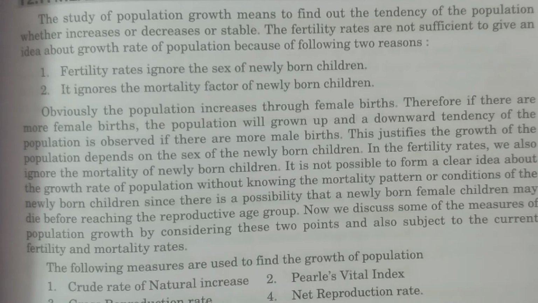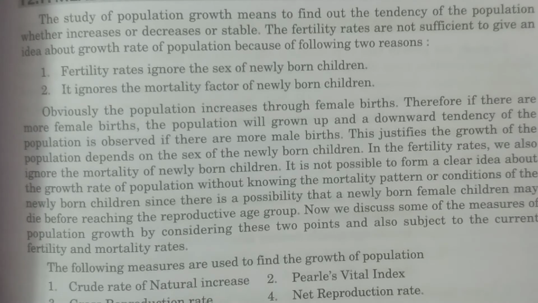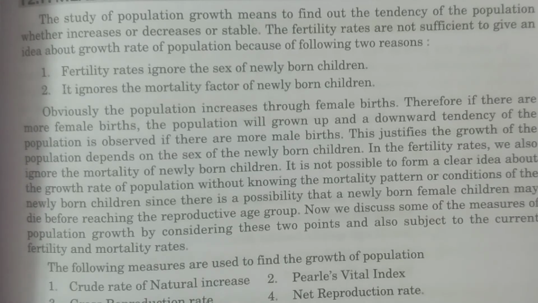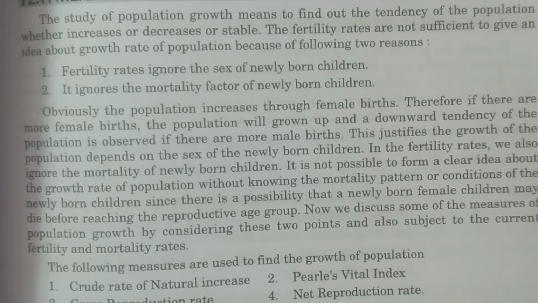So what is the mortality pattern, and what are the mortality conditions for newly born children? That is keeping in view the female birth. We are not considering the mortality patterns of male birth. That is a different aspect. Now, the mortality pattern of the female baby is going to be considered.